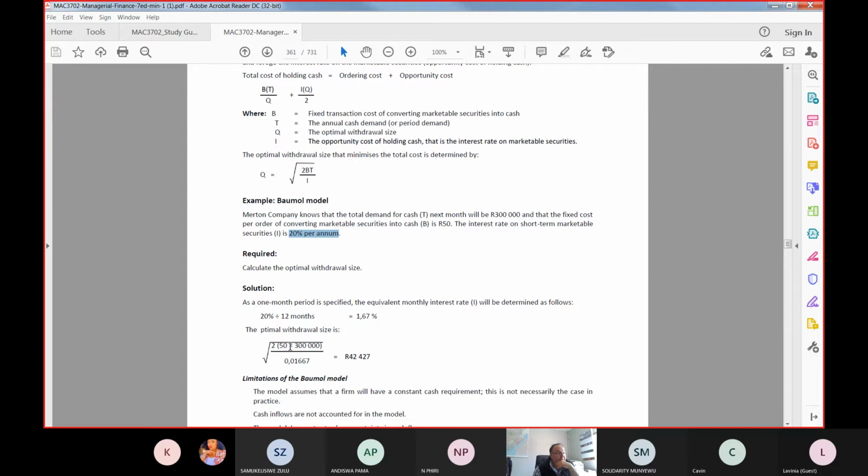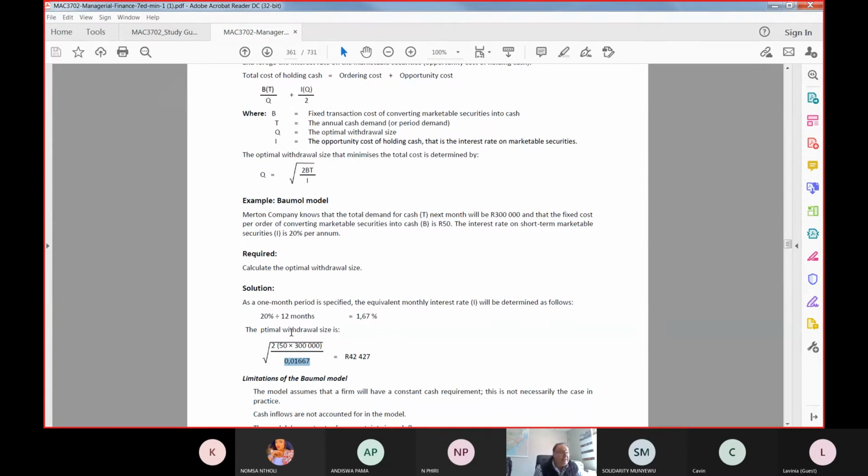2BT: B meaning the cost to borrow, to withdraw the money, like the bank charges. T is the amount needed, 300,000. It will always be a fixed number 2 there, times 2, over the fraction. Now, remember, you can write 1.67%, or you can write, don't write 16.67 or 1.67.